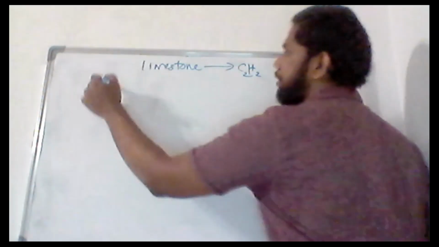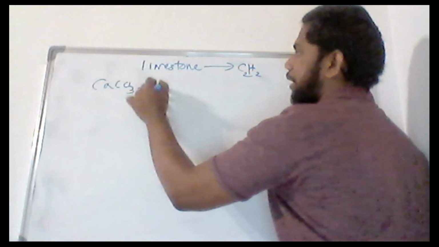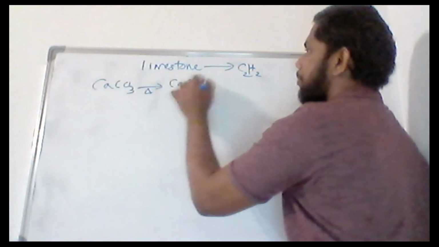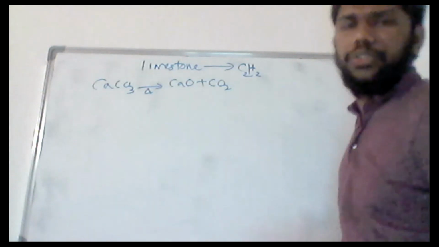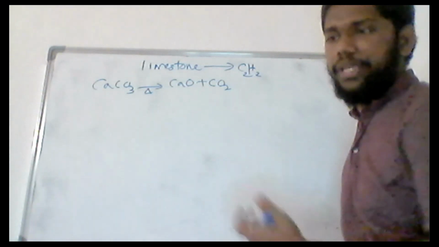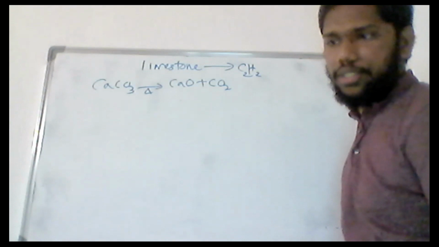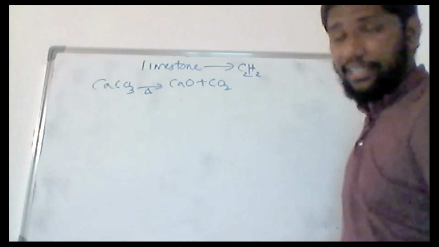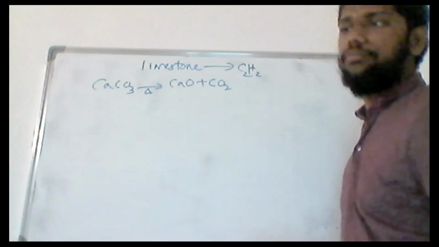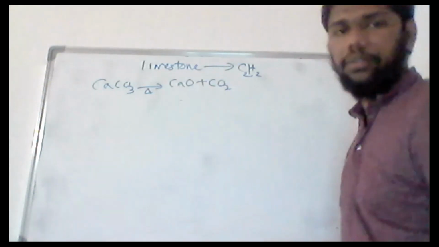The first thing you can do is heat this limestone to form calcium oxide and carbon dioxide. I am not sure whether this type of question will be asked in the process, because later they have not asked, but indirectly they can ask in a particular question as a byproduct.